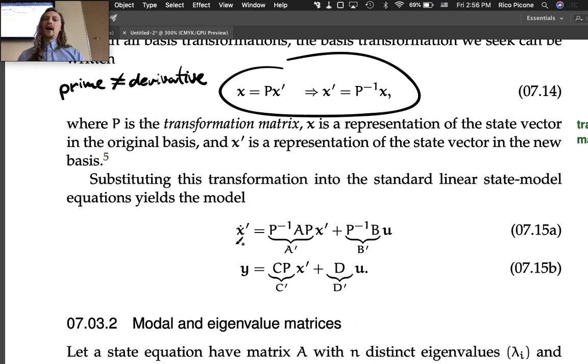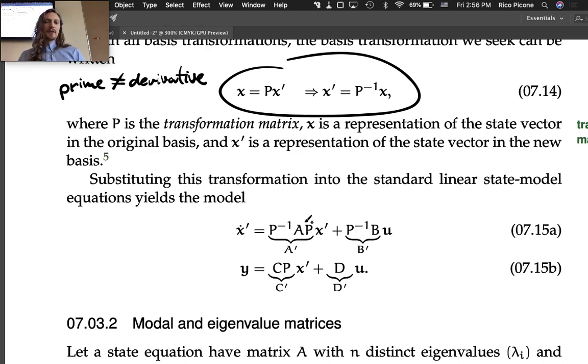So x prime dot means the time derivative of x in the primed basis. This was just a simple plug and chug. I plugged it in and then solved for x prime dot, and we get this nice similarity transform.